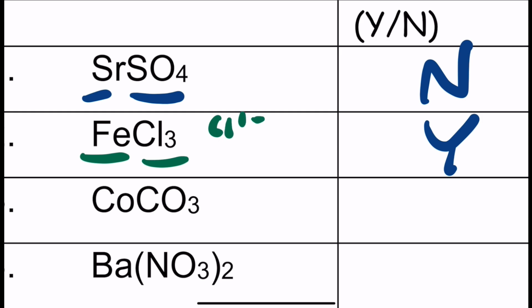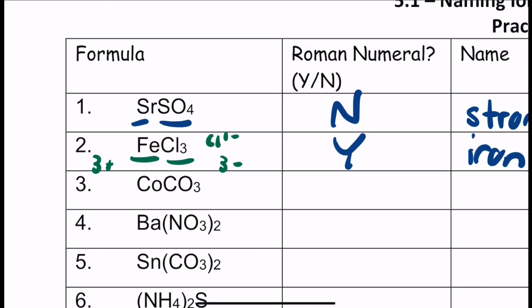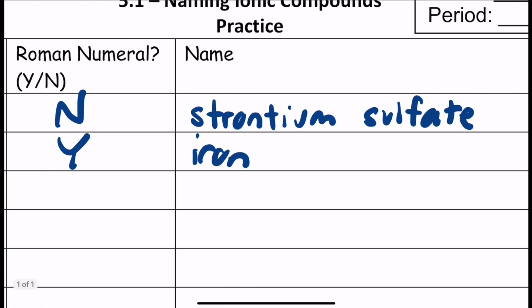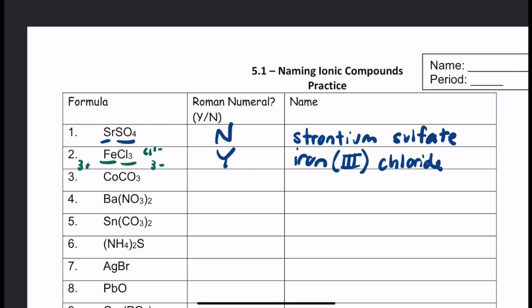Chlorine has a 1 minus charge. That means in total, it has a 3 minus charge, which means on the positive side, you're going to need a positive 3 charge. Since there's only a single iron, it must have a positive 3 charge. So the name of this one is iron(III) chloride. That's the general strategy we're using here.